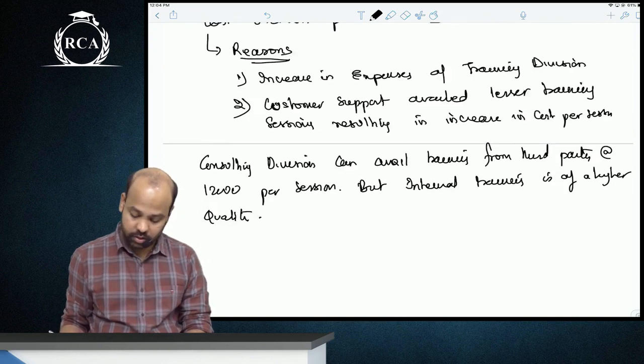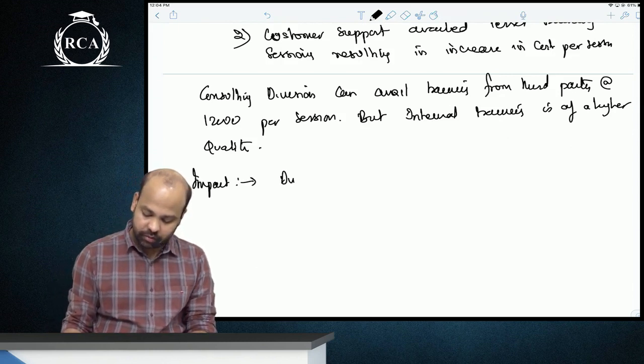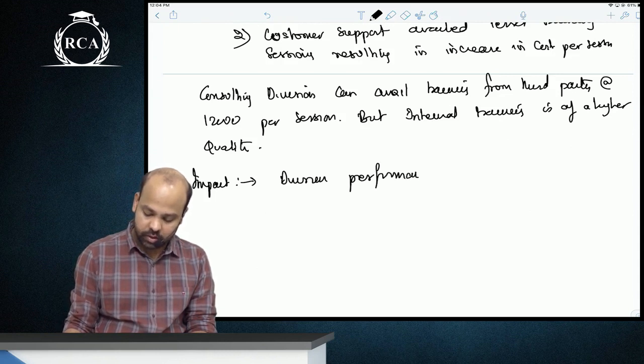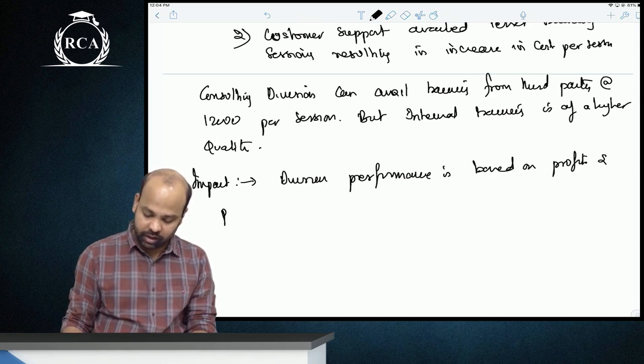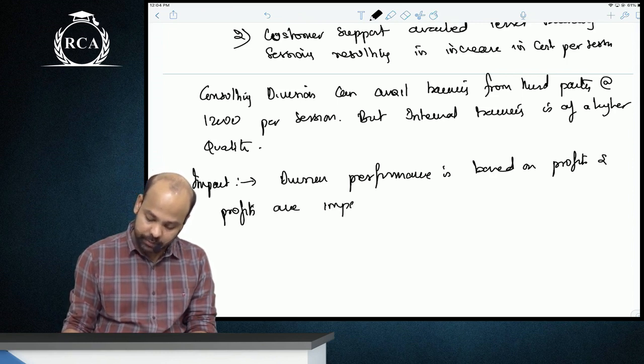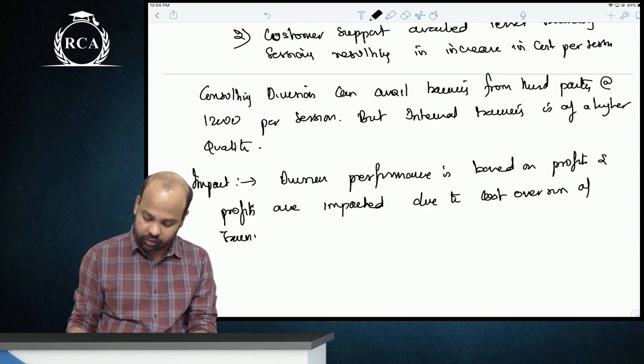The impact is that divisional performance is based on profits, and profits are getting impacted. Profits are impacted due to cost overrun of the training department. This is the main reason why they're all fighting now.